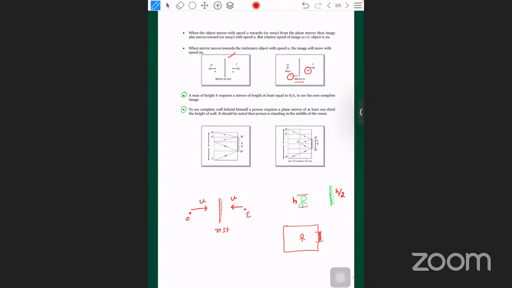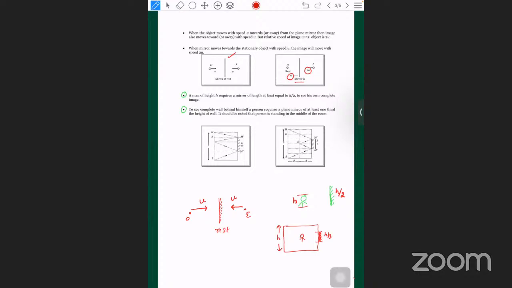The person has to view the complete wall which is behind him. The wall height is h. The minimum height of the mirror must be h by 3. If the person wants to see the complete image of the wall behind him, the minimum height of the mirror must be h by 3.